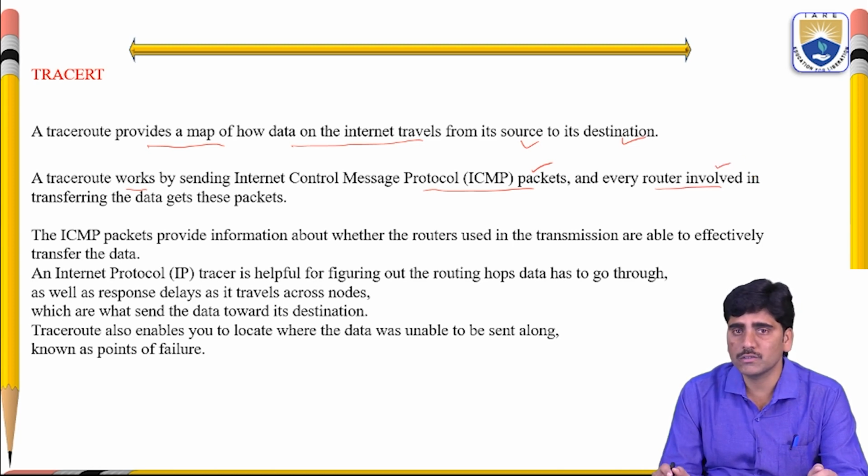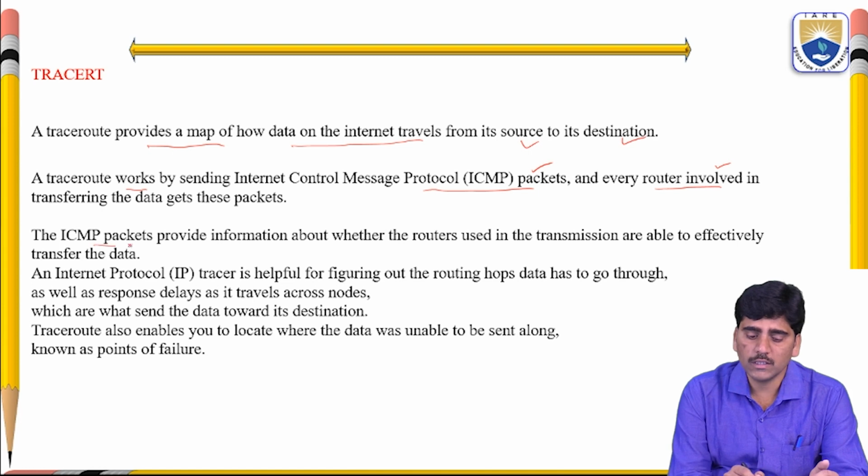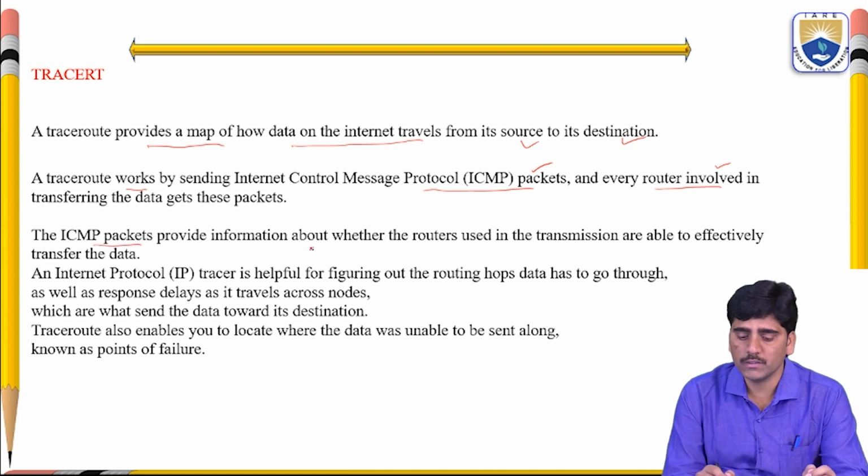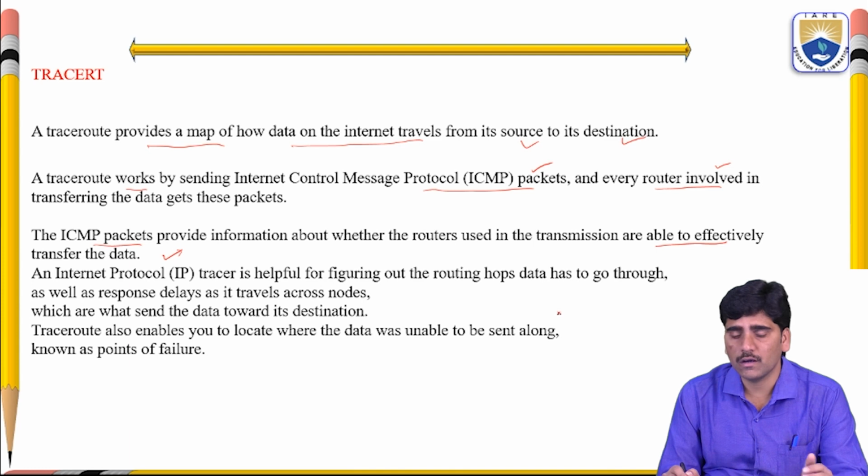The ICMP packets provide information about whether the routers used in the transmission are able to effectively transfer the data, so through the transmission media, all the routers are able to send the packets to the destination correctly or not, and whether the data transfer is of good quality or not.